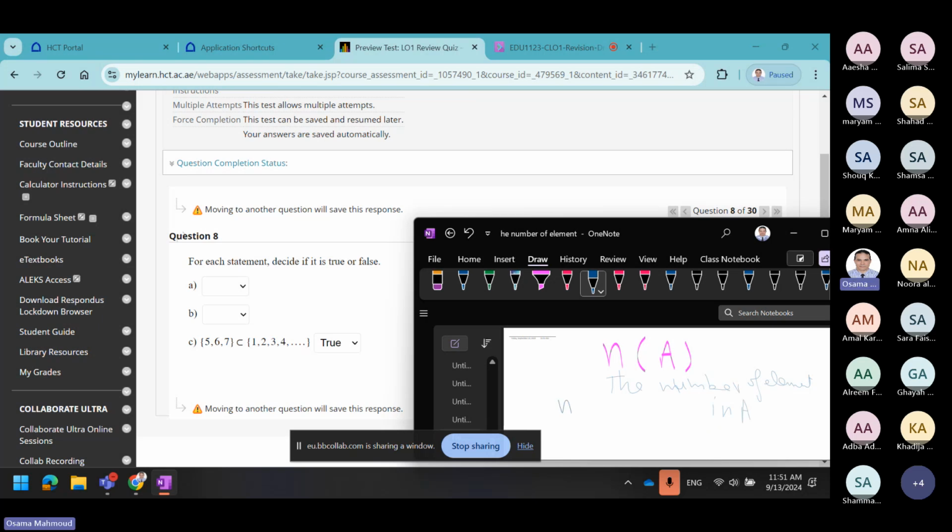So if you have two sets with the same number but different elements, like say A having 1, 2, 3, 4, and you have B as X is a natural number, okay?